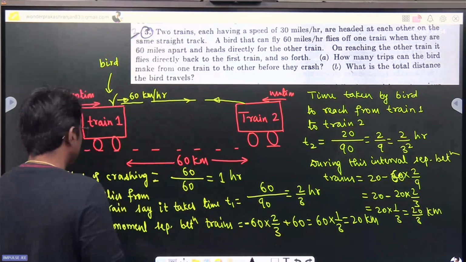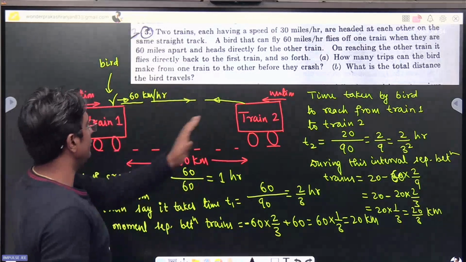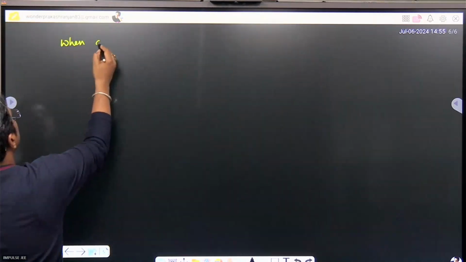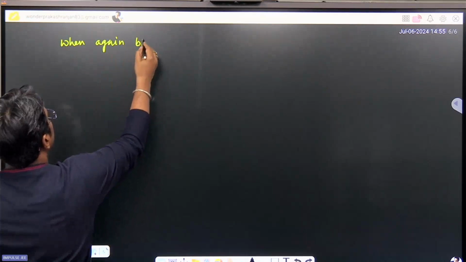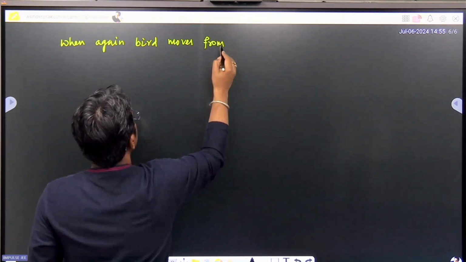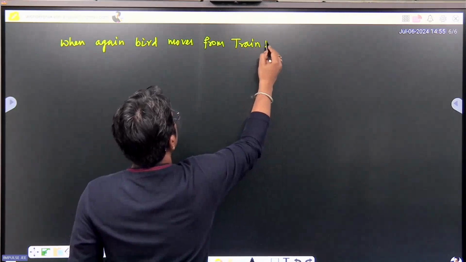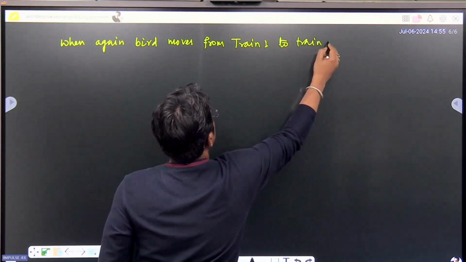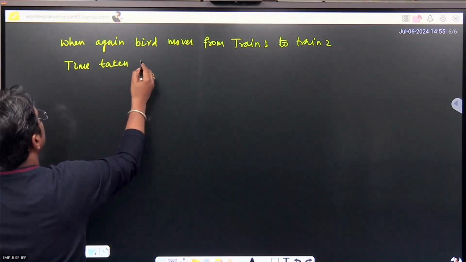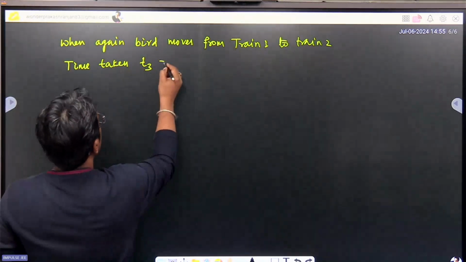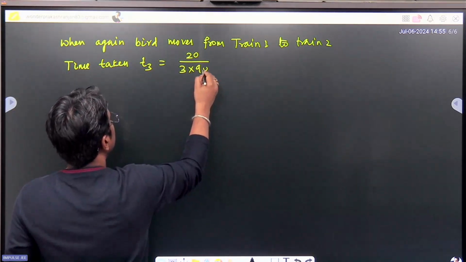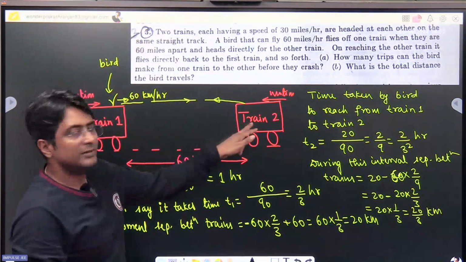Then if we call this time T3, when the bird is moving from train 1 to train 2, the time taken can be written as T3, and that is nothing but 20 by 3, the relative separation, divided by 90, that is the relative speed, 60 plus 30.